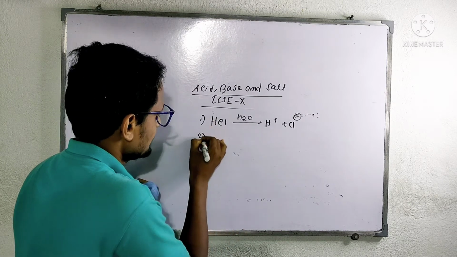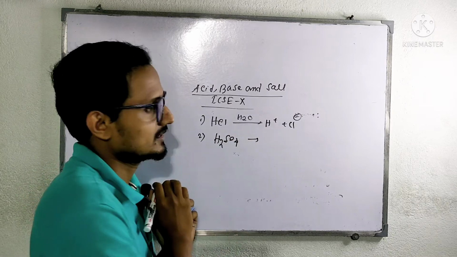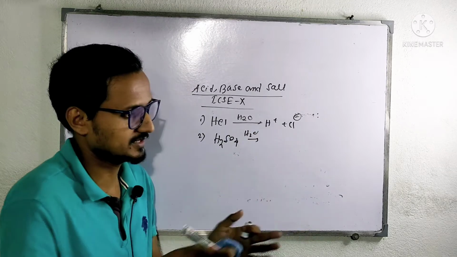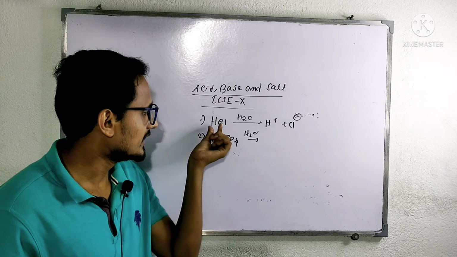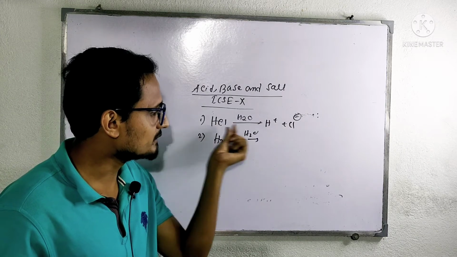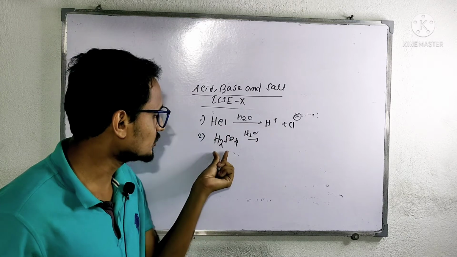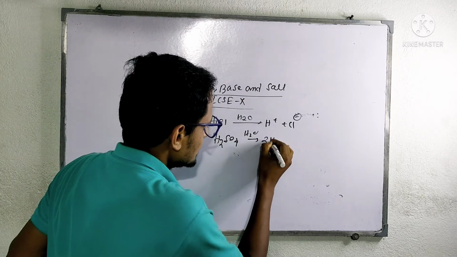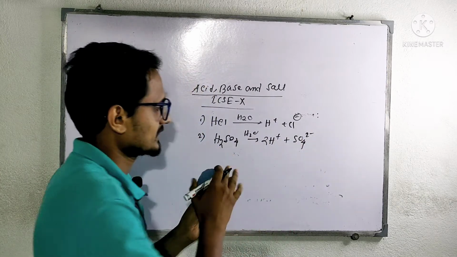Now another acid, H2SO4. Okay, H2SO4 in aqueous solution furnishes, that means it is a compound. Now HCl forms 1 H plus because 1 hydrogen is there. Here 2 hydrogens you can see, so it will form 2H plus, that means 2H plus and SO4 2 minus.